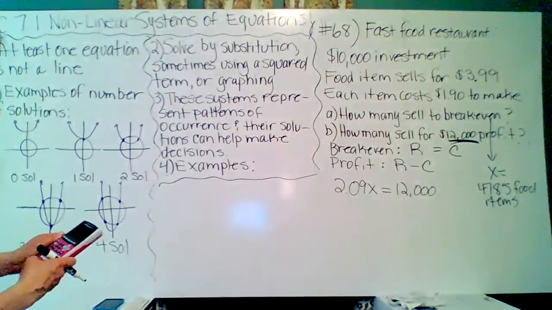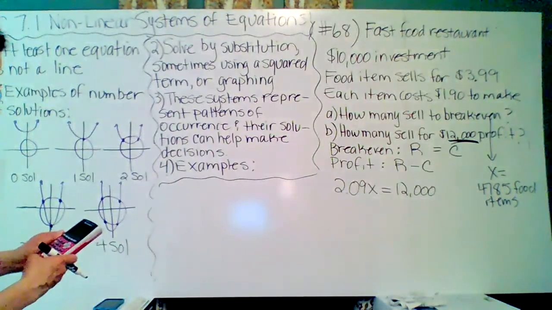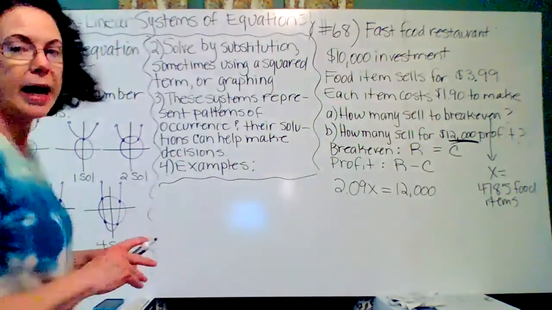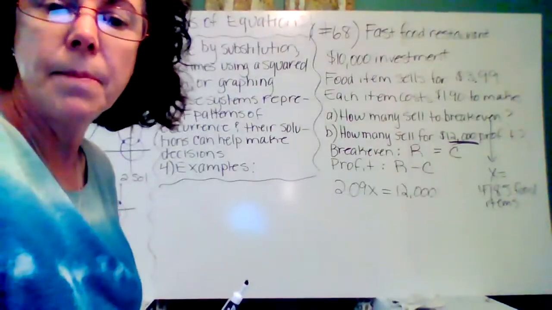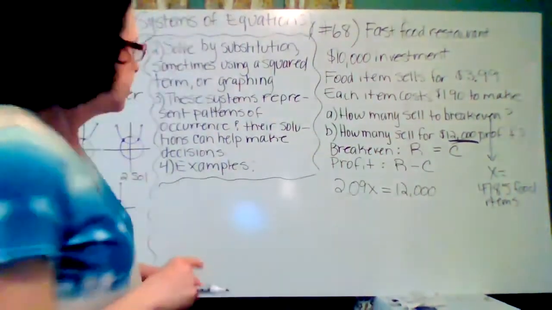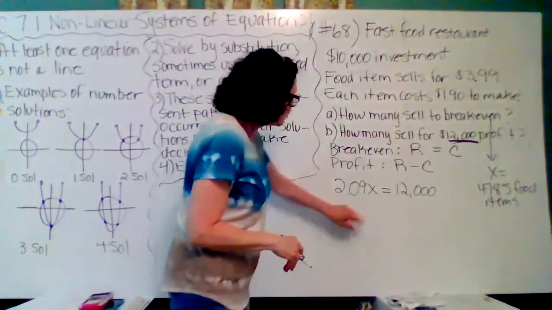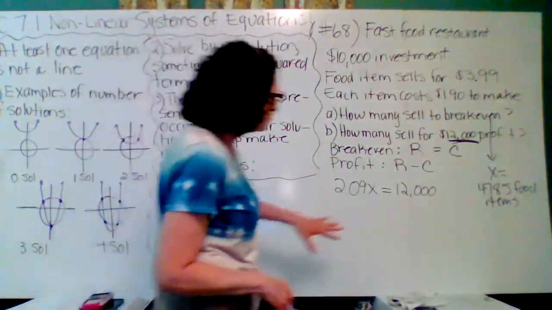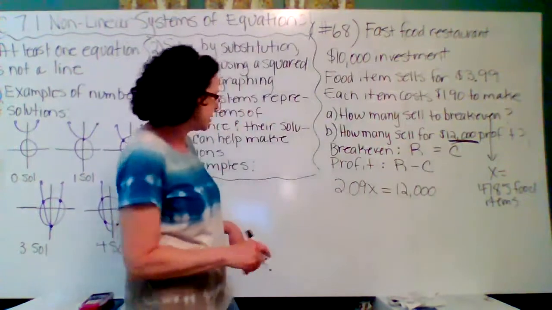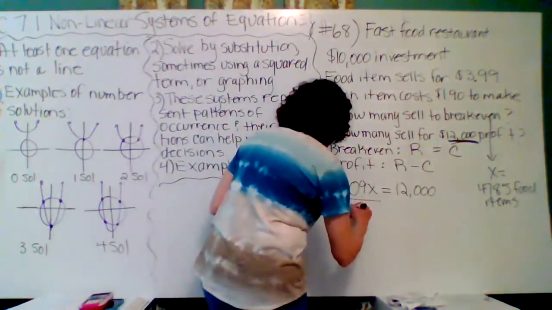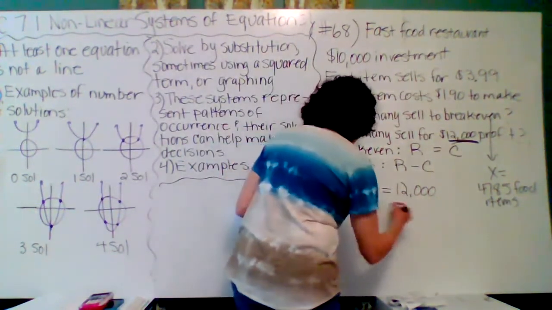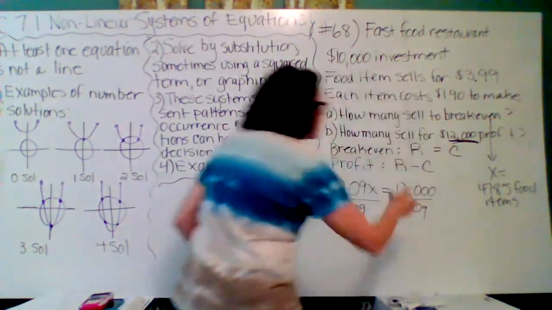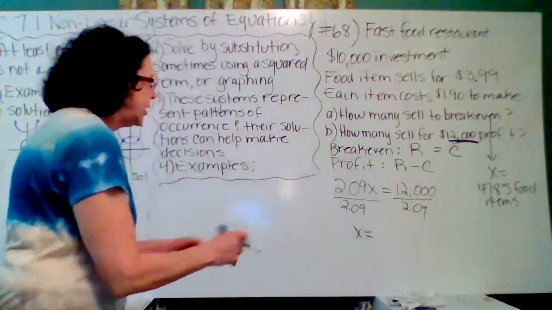This is my profit per item. So we're making a profit per item of $2.09, and we want that profit to total $12,000. So let's divide by 2.09 and see how many items in addition to breaking even that we have to sell.